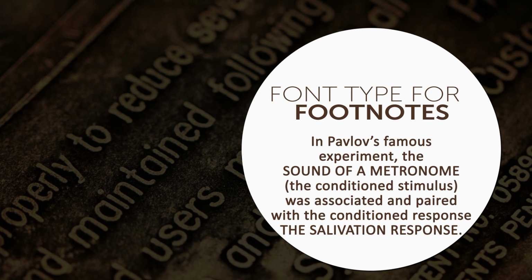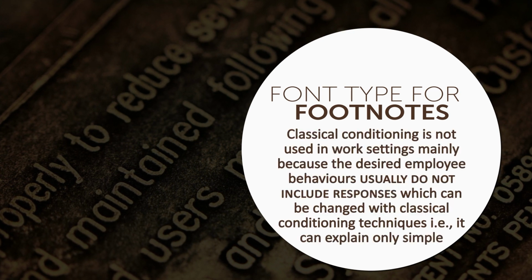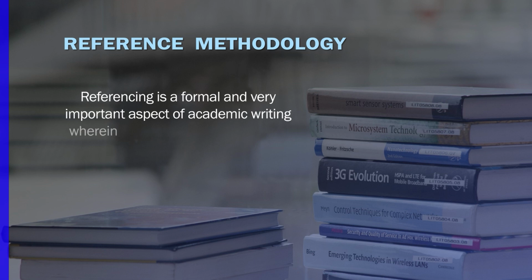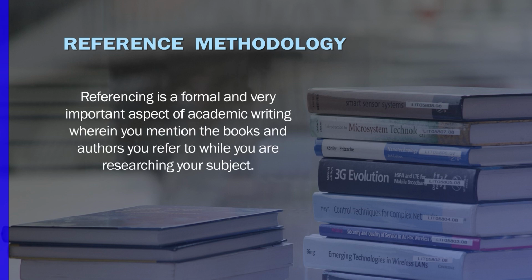Now we come to the reference methodology while you are preparing your research paper. Referencing is a formal and a very important aspect of academic writing, wherein you mention the books and authors you refer to while you are researching your subject.